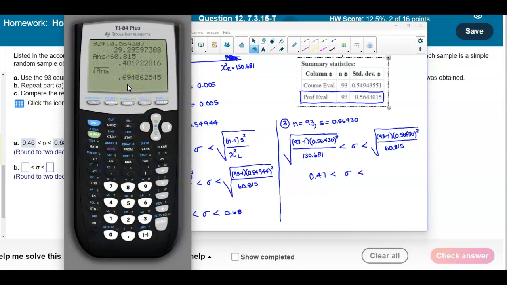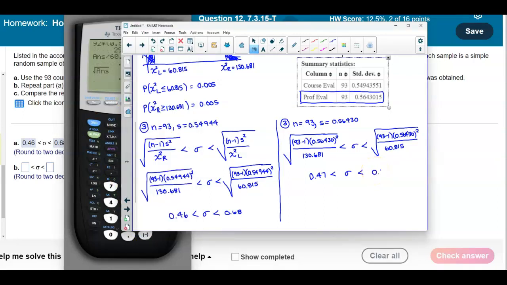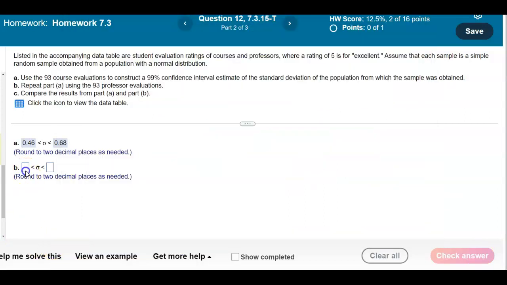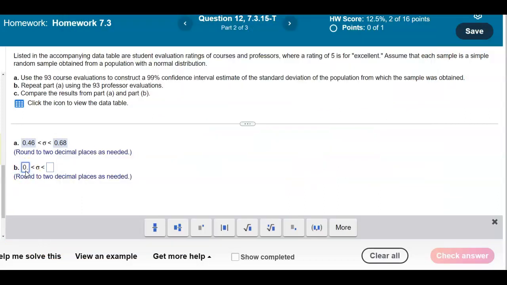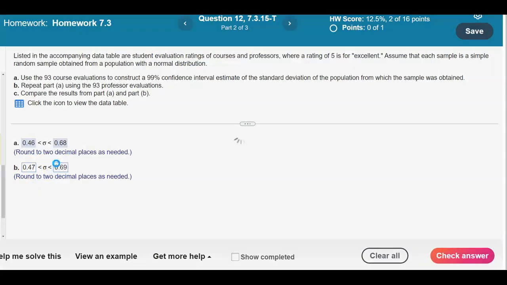Rounding to 2 decimal places gives us 0.69. So we have 0.47 for the lower limit and 0.69 for the upper limit.